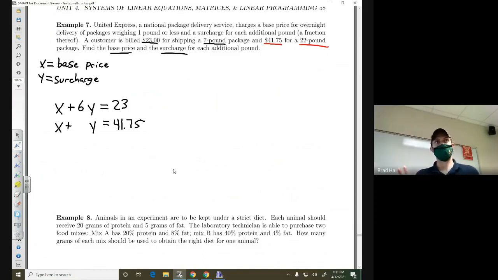There's 22 pounds. Well, every pound after the first one, that's 21. And that's where the $41.75 comes from. Here is our system. So this is our system now. We've translated the word problem into a system. And now we need to solve the system.